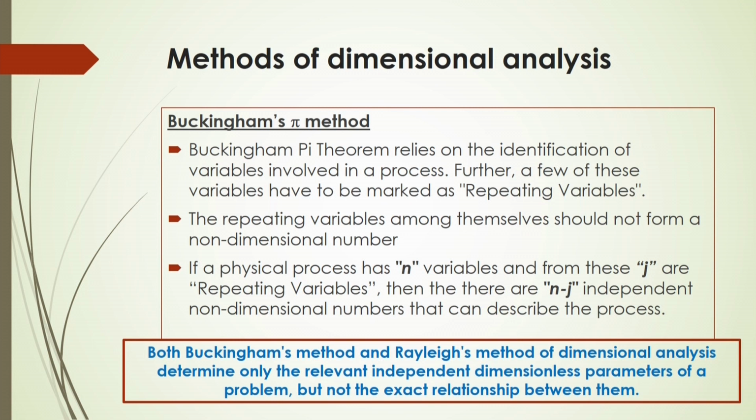So, in this case, both Buckingham's method and Rayleigh's method of dimensional analysis determine only the relevant independent dimensionless parameters of a problem, but not the exact relationship between them.